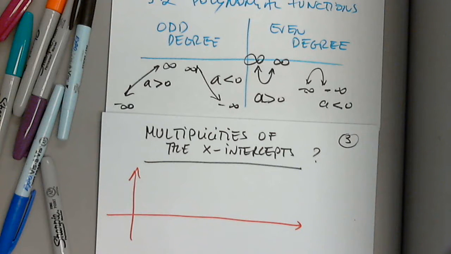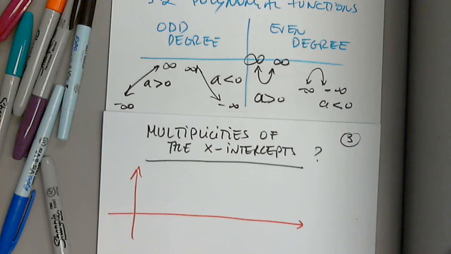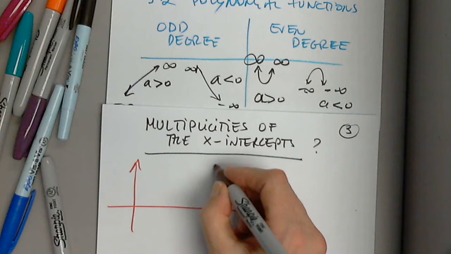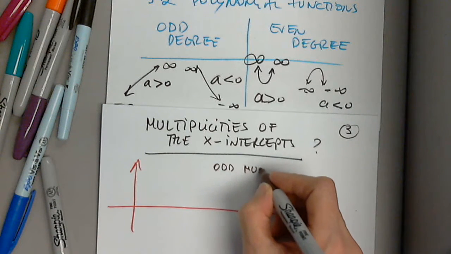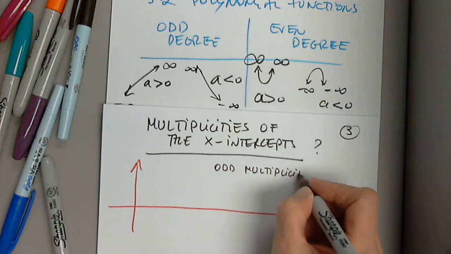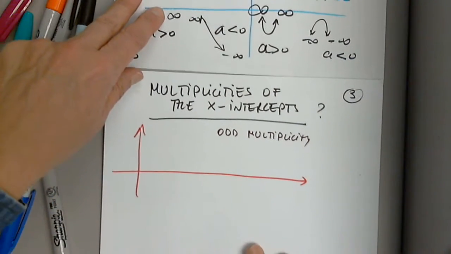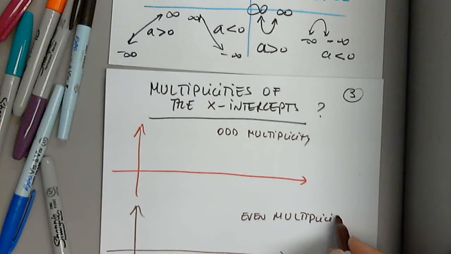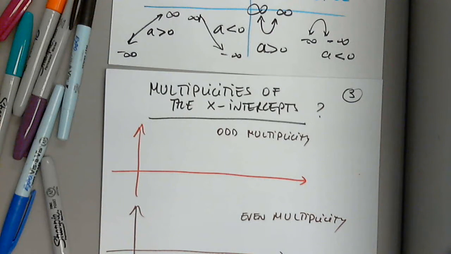Okay. Let's talk about what is called odd multiplicity, and then even multiplicity. Odd multiplicity, even multiplicity.